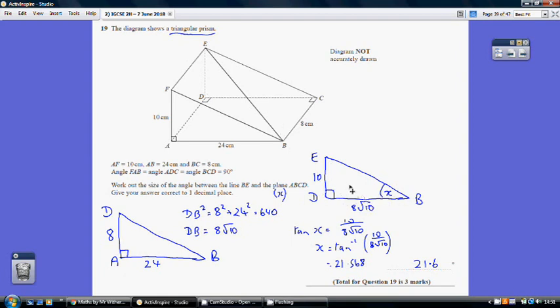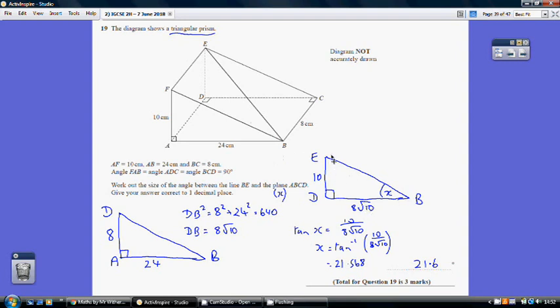Now as things stand at the moment, we know that ED is 10, because that's the same as FA, but we don't know the length EB or the length DB as things stand. So we need to go and hook out another triangle to allow us to work out one of these two sides.